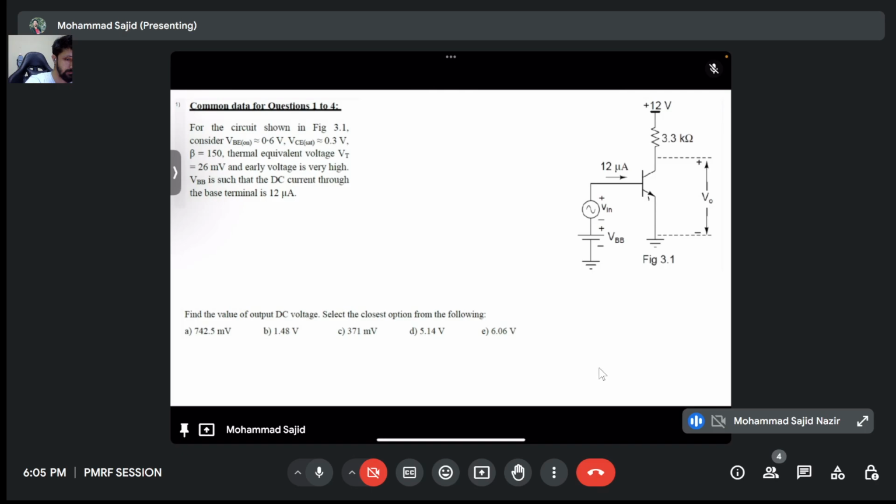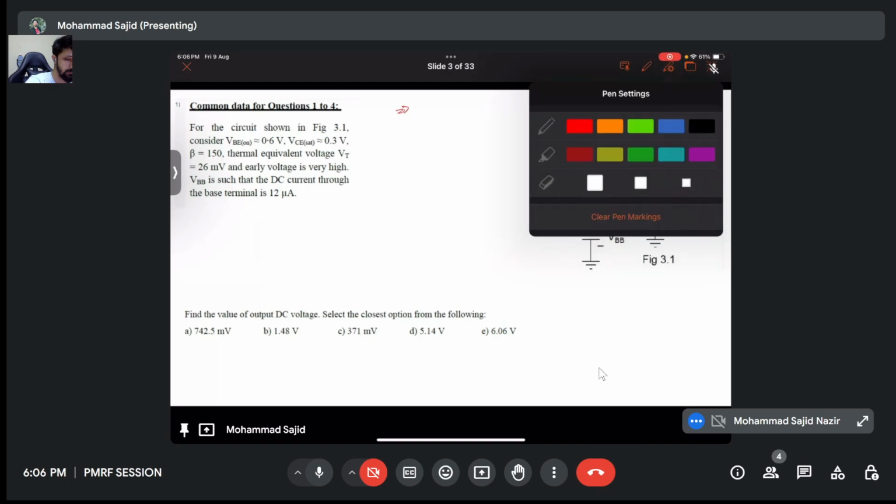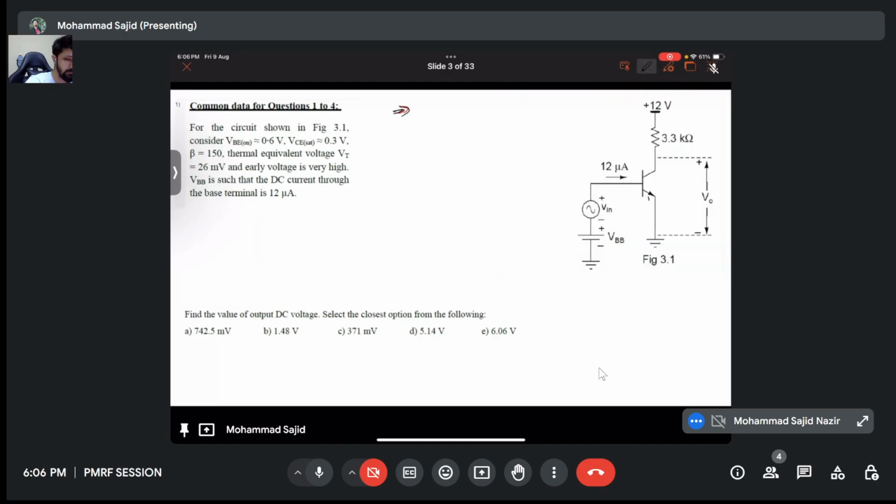The question says, for the circuit shown in figure 3.1, consider VBE on is equivalent to 0.6 volt. Can you tell me what VBE is here?